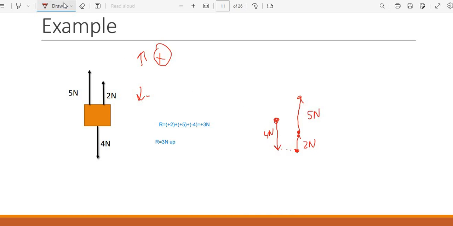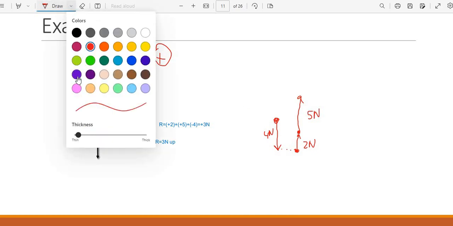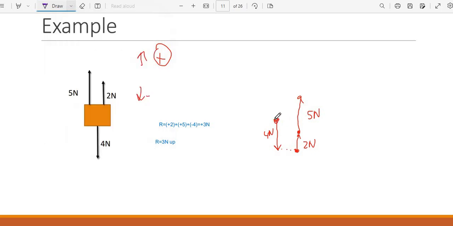So that will be my 5 Newton. Okay, remember how we draw the resultant? That is from the tail of the first vector drawn. It does not matter how many vectors you are having. The first vector drawn was the 4 Newton. So the resultant will be from the tail of this vector to the head of the last vector drawn. The vector that I drew last, that was the 5 Newton.